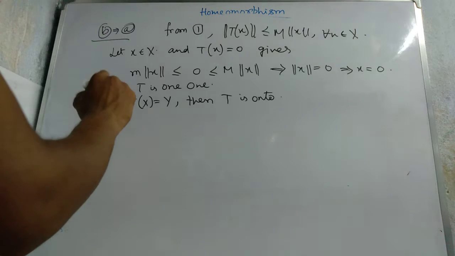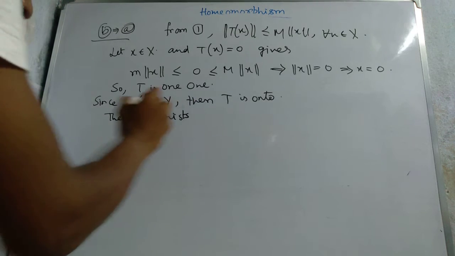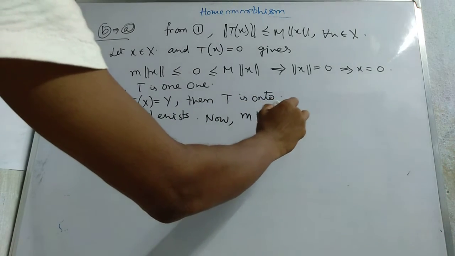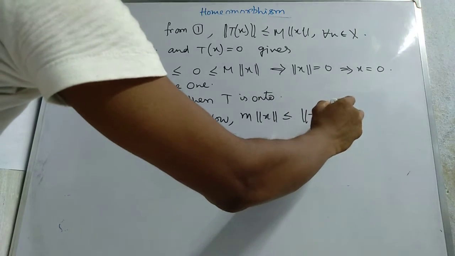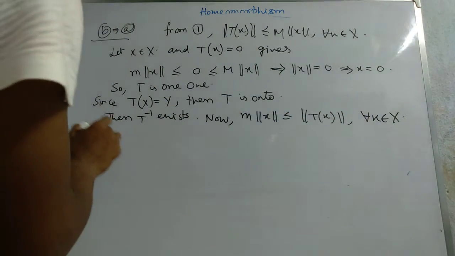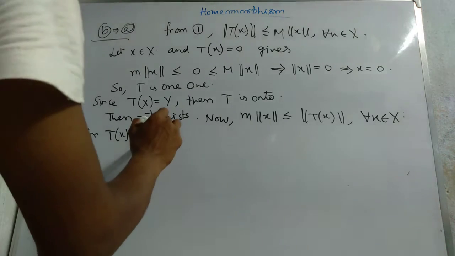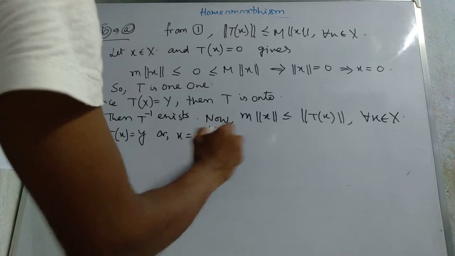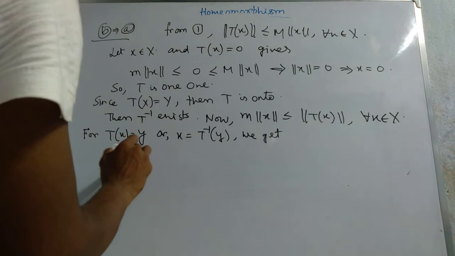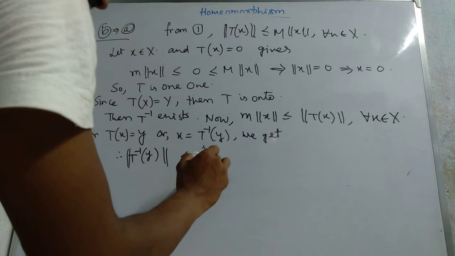Now since Tx equal to y, T inverse exists, and m‖x‖ ≤ ‖Tx‖ for all x belongs to X. For Tx equal to y, or x equal to T inverse y, we get ‖T inverse y‖ ≤ (1/m)‖y‖.